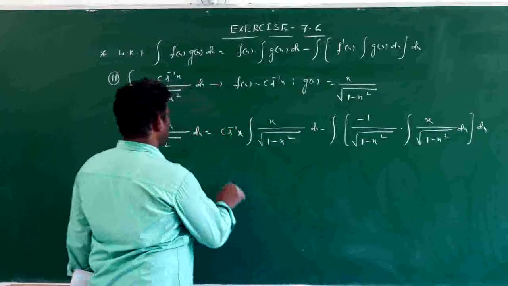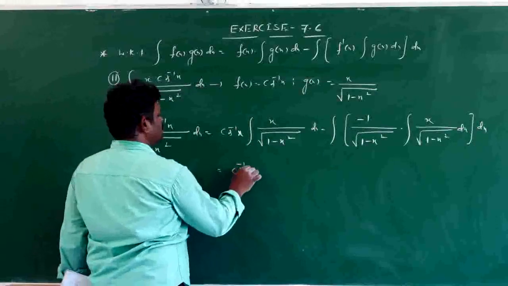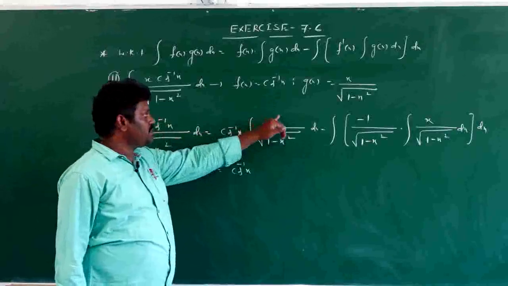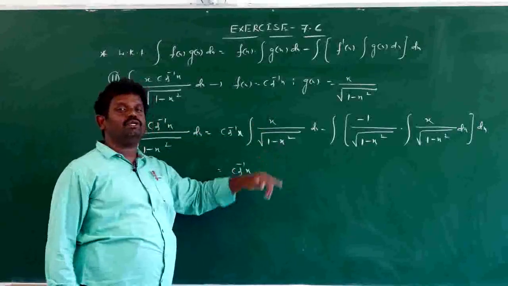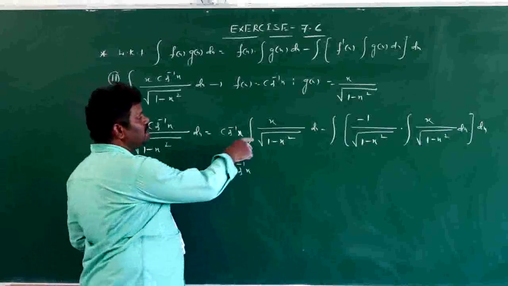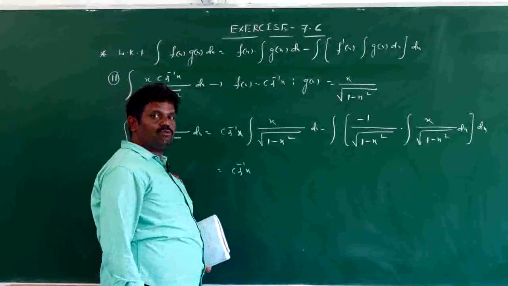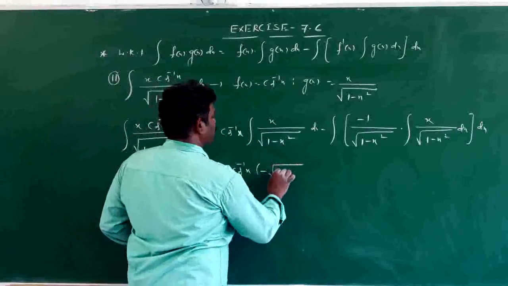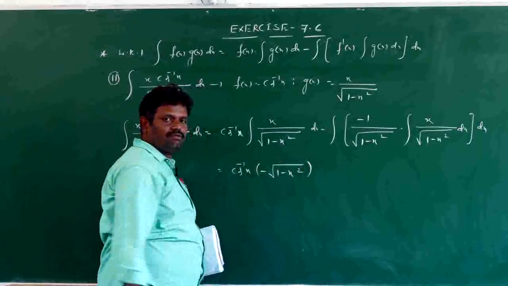So that is equal to this one, see ma, cos inverse x. Previously also I explained this same formula, integral f dash of x by root of f of x is 2 into root of f of x. But here minus is not there, so minus 2 and minus 2. So that's why minus square root of 1 minus x square.